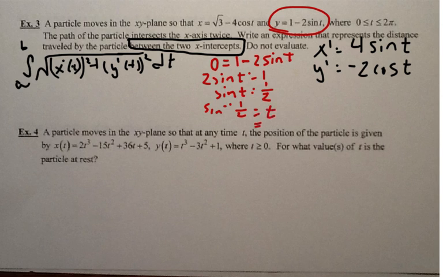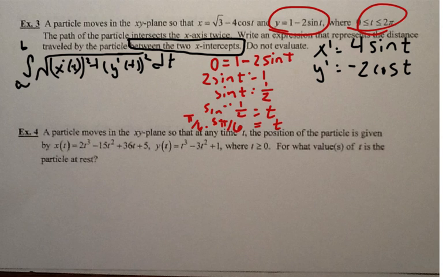And so, from your unit circle, the sine is equal to 1/2 at pi over 6 and 5 pi over 6. Remember, that's your y coordinate on your unit circle, and we're working with time between 0 and 2 pi.